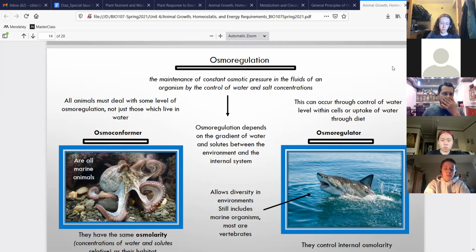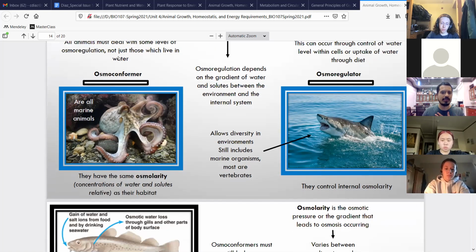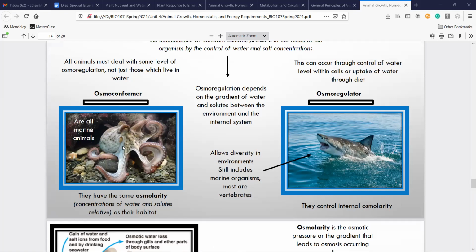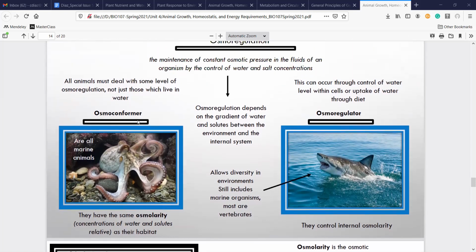Osmoconformers like this octopus are just like those ectothermic animals. They're just sitting there in the water, so their bodies are just going to have that same water solubility relative to their body.